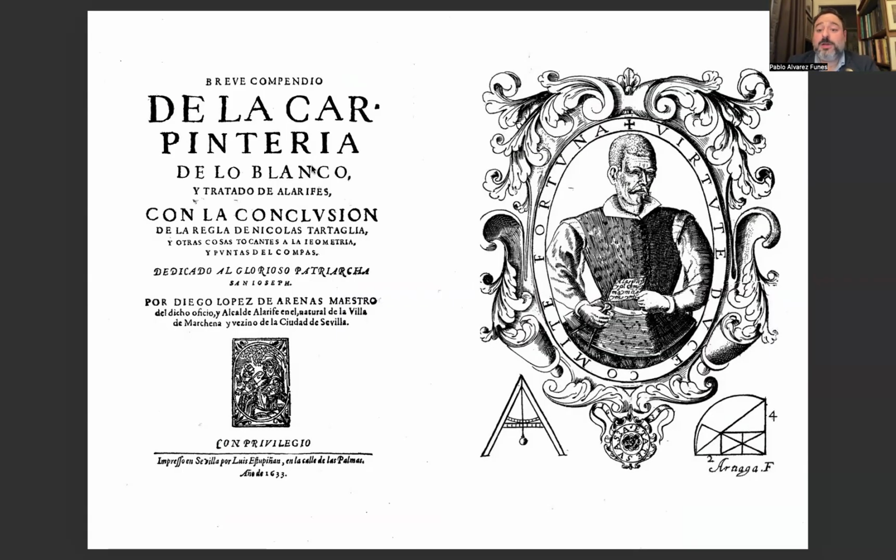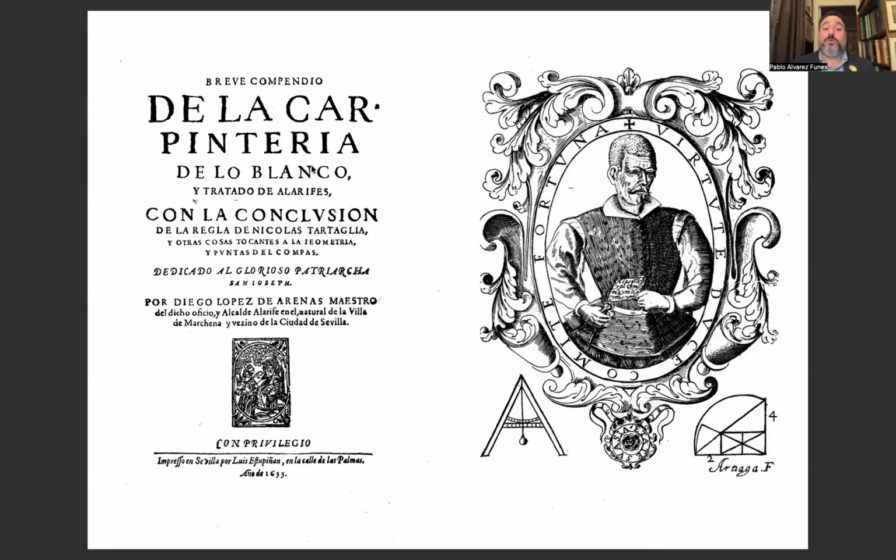Why is this important? Because you cannot say that López de Arenas is creating anything. He is compiling, that's what the breve compendio means, a brief compilation on how to do things. He's gathering everything that he knows that will be useful for the others.